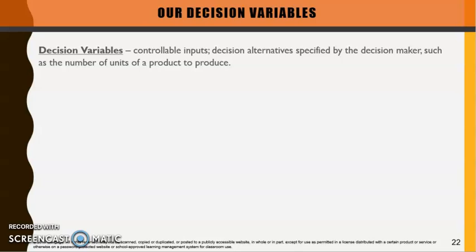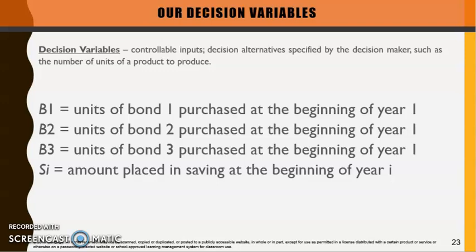So what are the decision variables? We have 4 categories of decision variables. We have B1, B2, B3. B1 is the units of bond 1 purchased at the beginning of year 1, the only time that you can buy bonds.